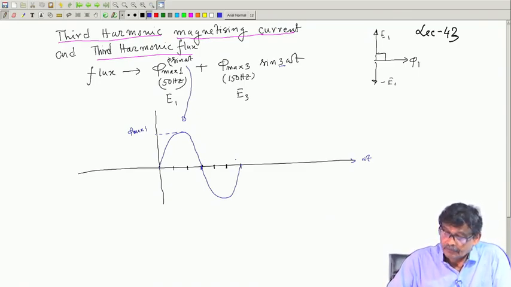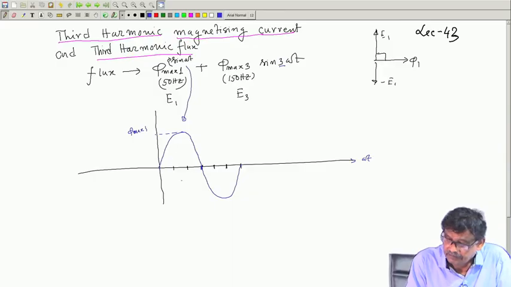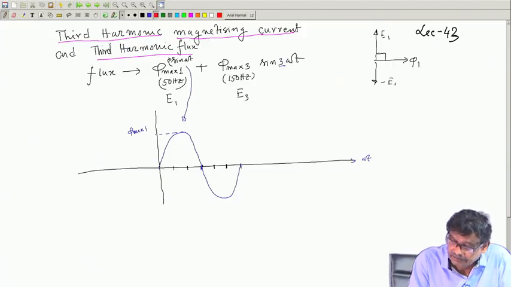So, how will it look? If I sketch the third harmonic component, it will be like this.